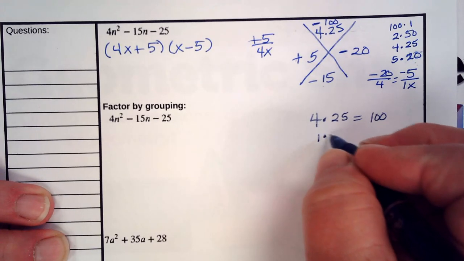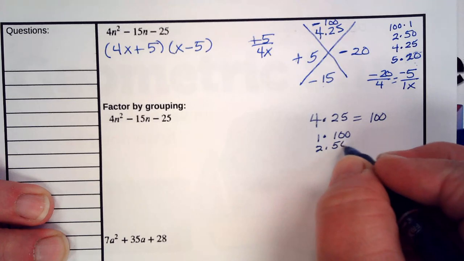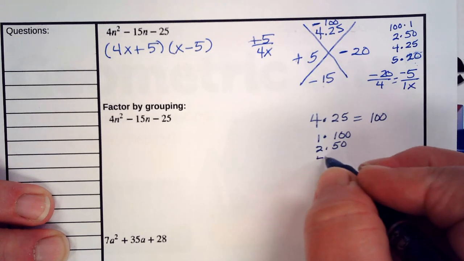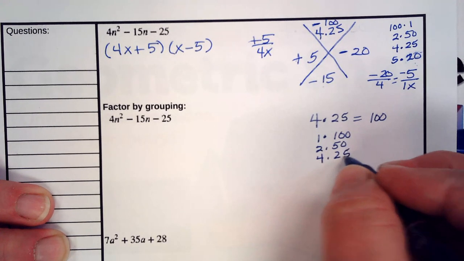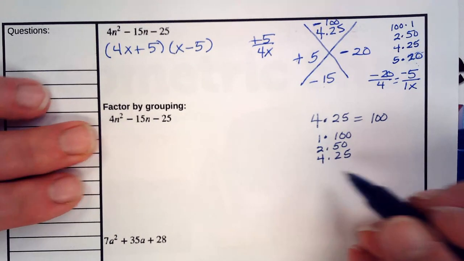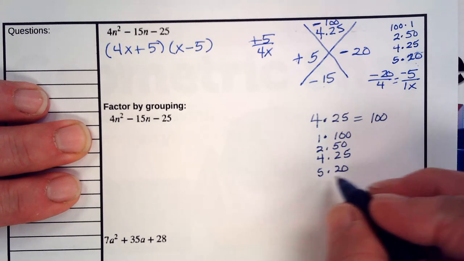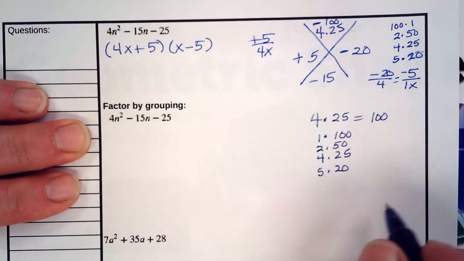So 1 times 100 does not work. 2 times 50 does not work. 4 times 25 is close, because 25 minus 4 is 21, but that's still not 15. 5 times 20. So 20 minus 5 is 15.